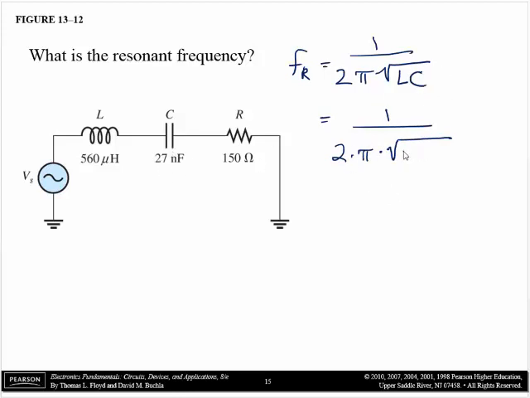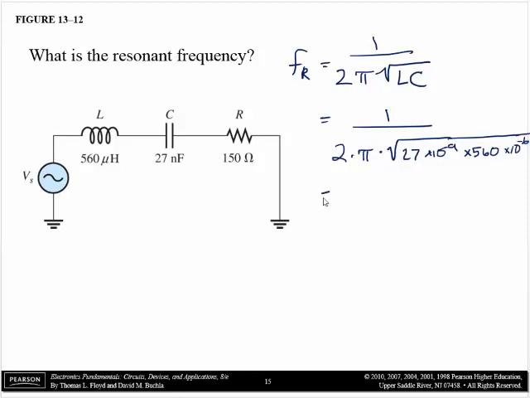So it's 27 nanofarads. So that's times 10 to the minus 9th. And L, the inductor, is microfarads, so that's times 10 to the minus 6.